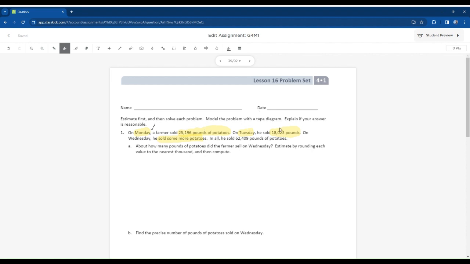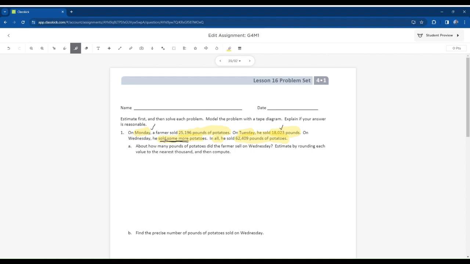We know how many pounds were sold on Tuesday, but we don't know how many were sold on Wednesday because it says he sold some more potatoes, so some amount. But we do know that in all, in total, he sold 62,409 pounds of potatoes. So we can certainly work with this information.